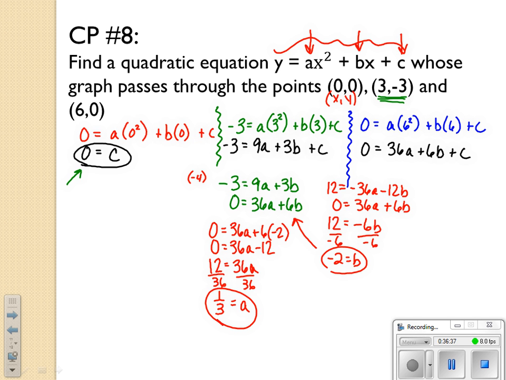So let's make the quadratic equation from all of three of those numbers. So 1/3 x squared plus, actually minus, because it was a -2. You could do plus a negative if you wanted to. Minus 2x, and then plus 0, which is up to you whether or not you write. There's my quadratic.